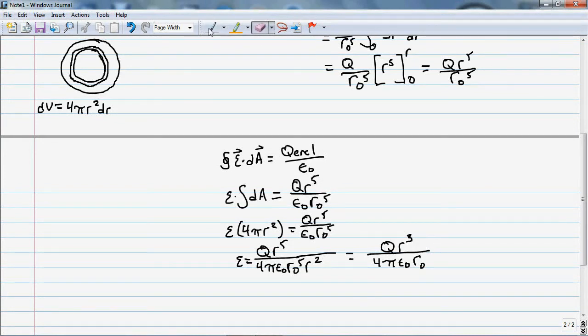It's not squared, it's to the fifth. I'm going to write this as a function of r so we remember what we're actually calculating. So the electric field as a function of r is equal to Q times r cubed divided by the quantity 4 pi epsilon naught r naught to the fifth.